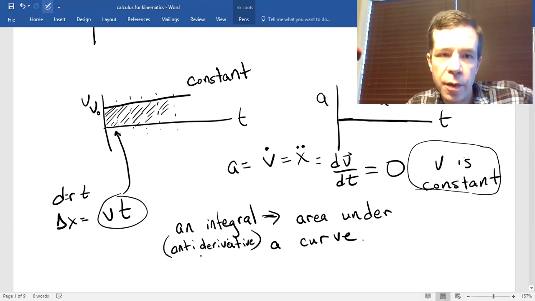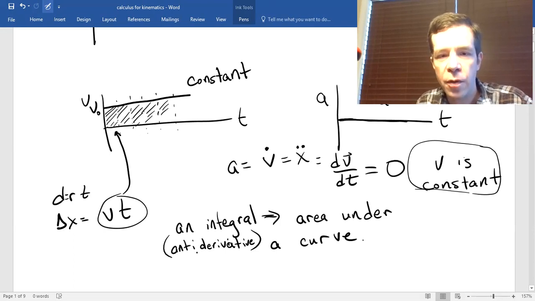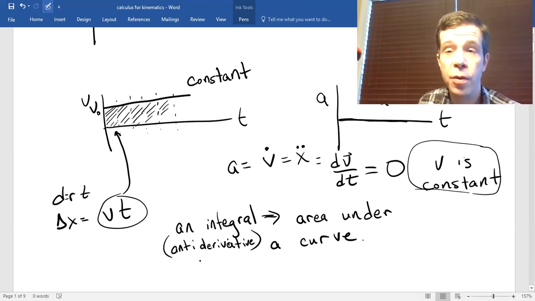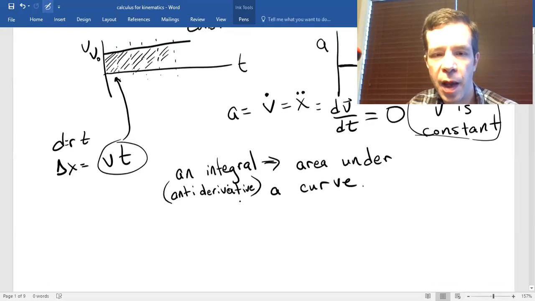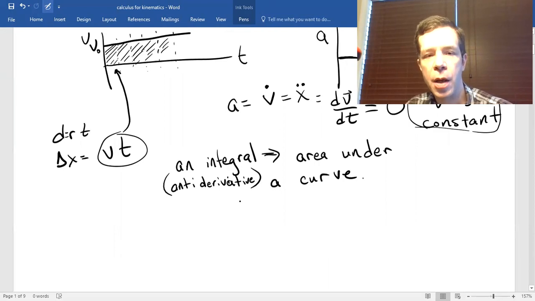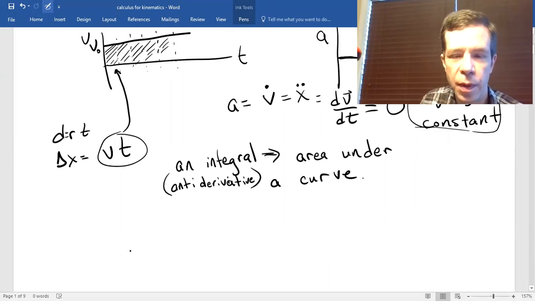We know that the derivative of position is velocity, the derivative of velocity is acceleration. So if we take the antiderivative of our velocity graph, then we get the changes in position. Note that you don't know the initial position though. You have to have some unknown. And we talked about that in the previous video where you have the constant of integration.